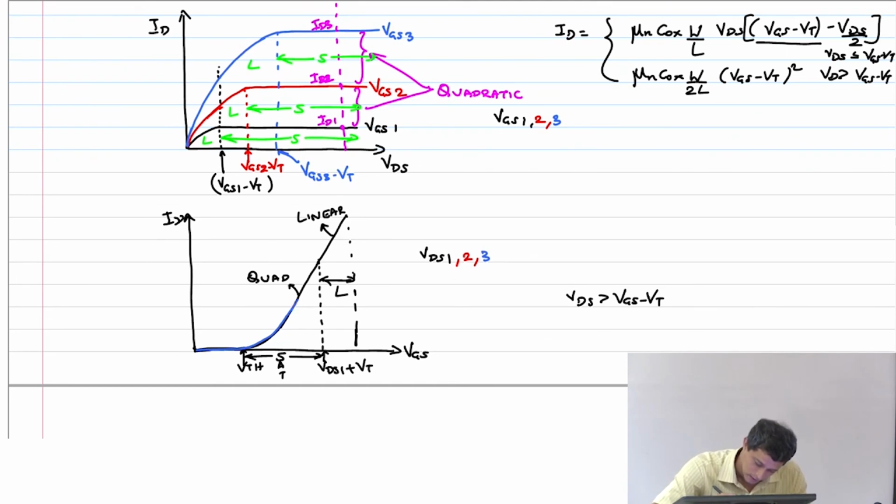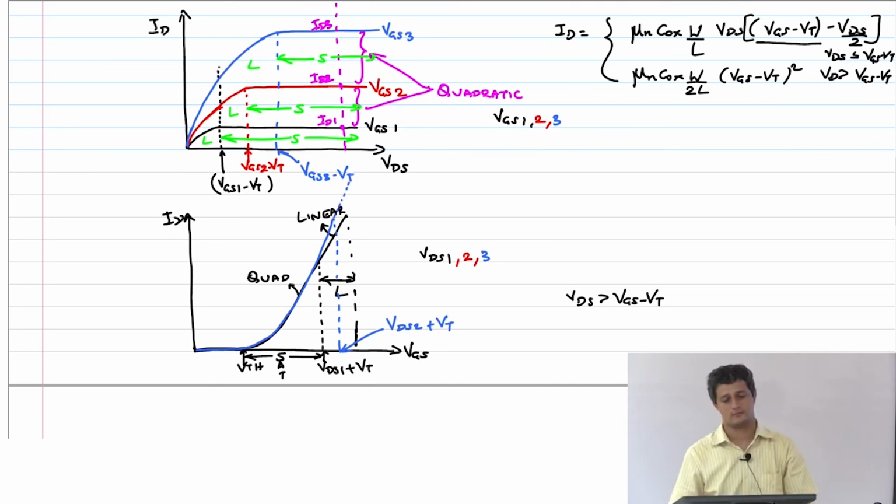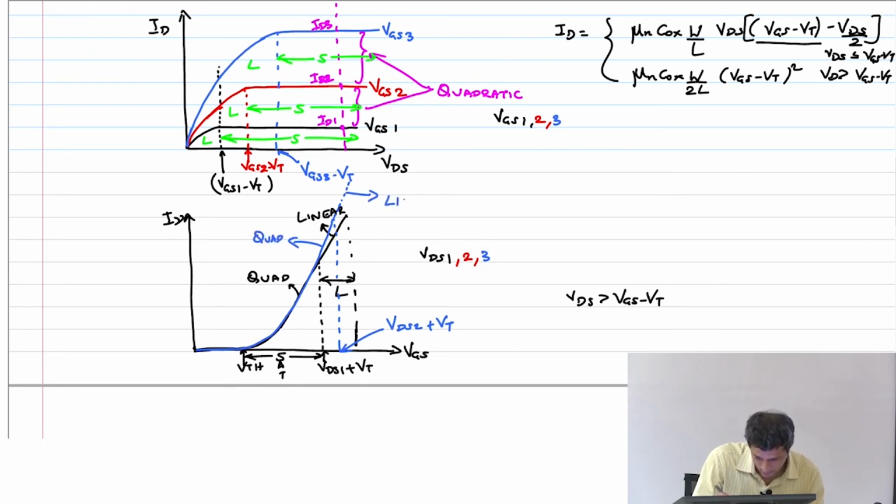So this will go like this until what point? This is VDS2 plus VT, and then it continues in the linear region. Okay, this will be quadratic and linear.